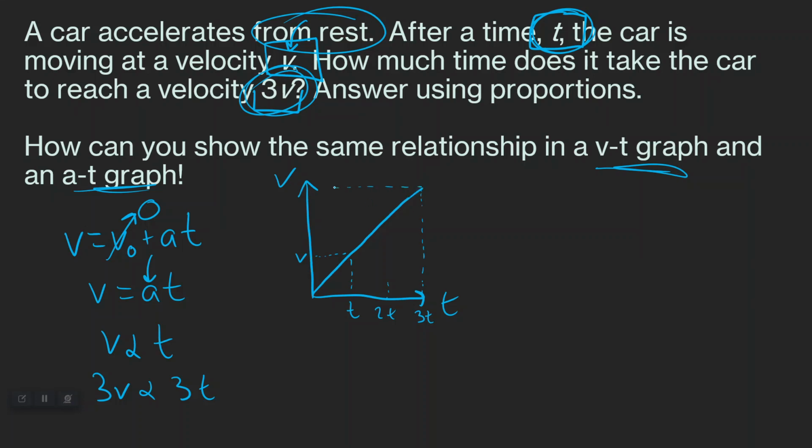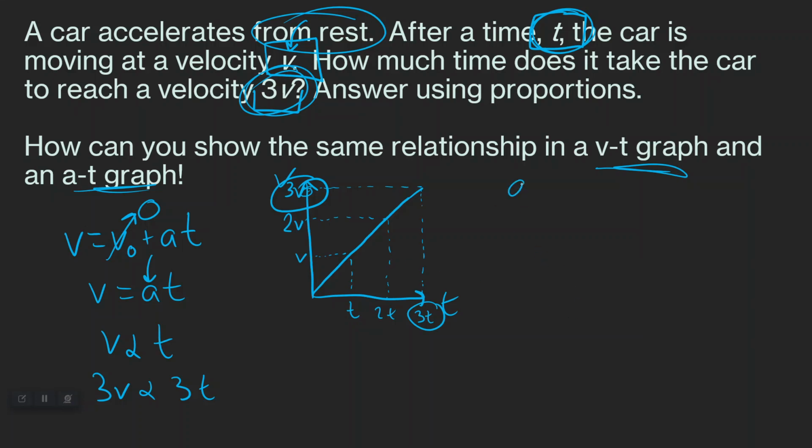Here is our new velocity here on this y-axis. Well, how far up is this? Notice if we just draw all of these nice lines, every time I increase the time, I'm going to increase by a velocity. So here is 2v, here is 3v. So notice 3 times the time, 3 times the velocity.